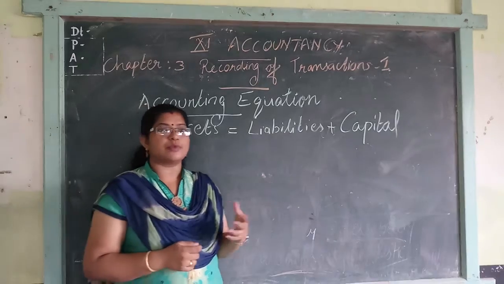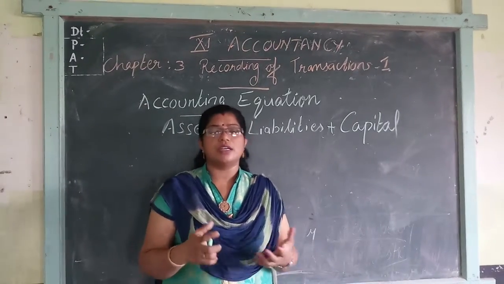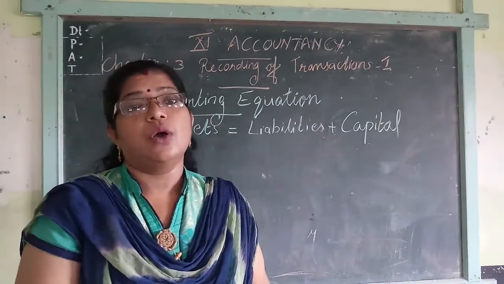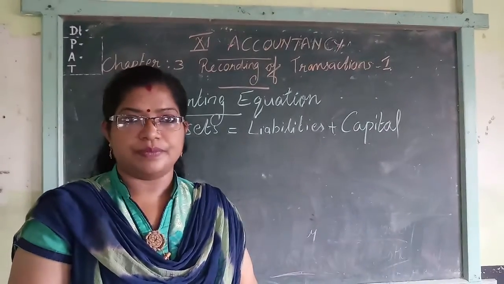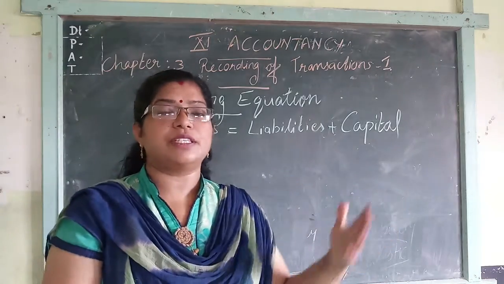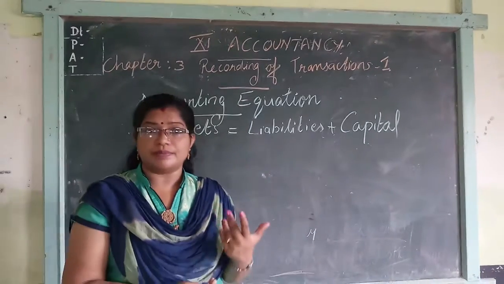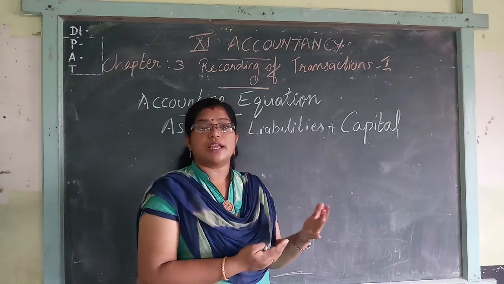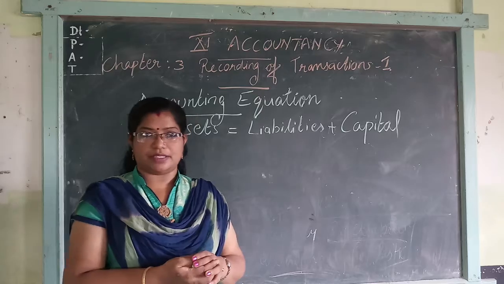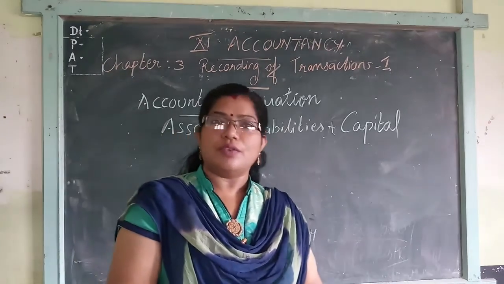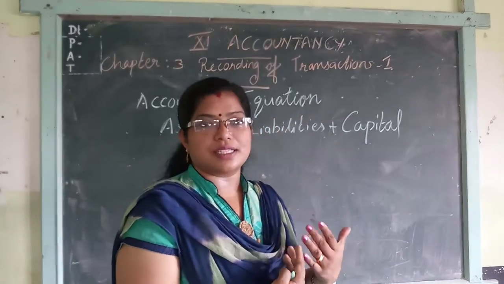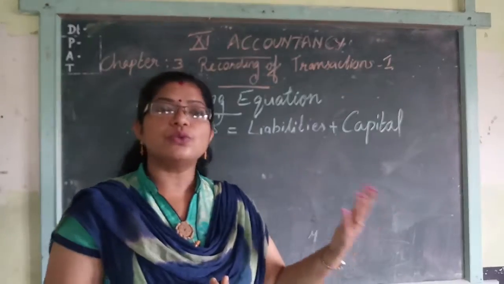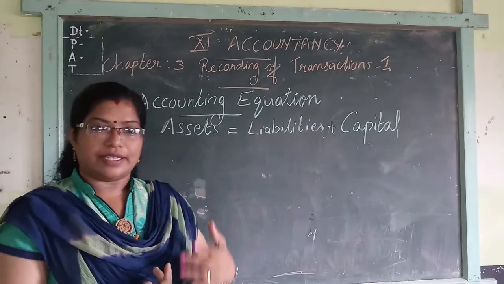Suppose in our business we sold goods on credit basis to a customer, Mr. X. That means we sold goods to Mr. X on credit, so X is our debtor. It is our asset, because within a few months we can collect that amount from Mr. X.